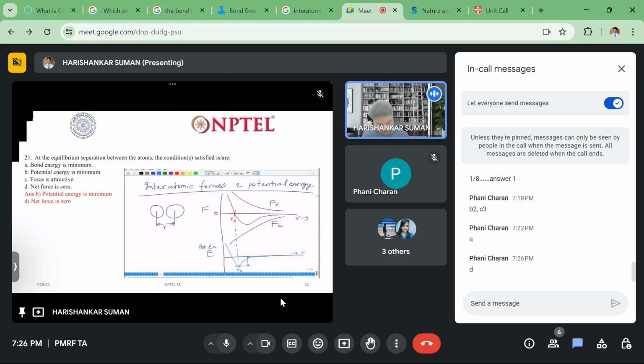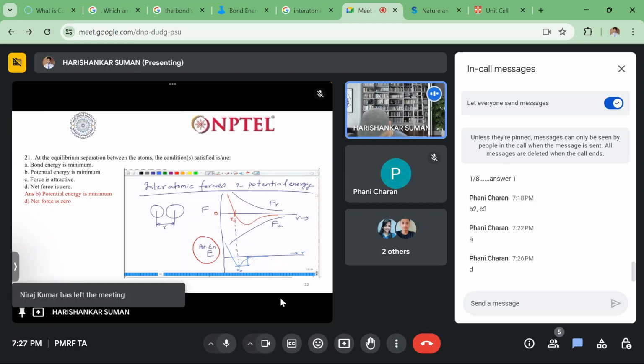And you can see the equilibrium. This is the potential curve, force here. Here is the equilibrium. Potential energy is minimized here.